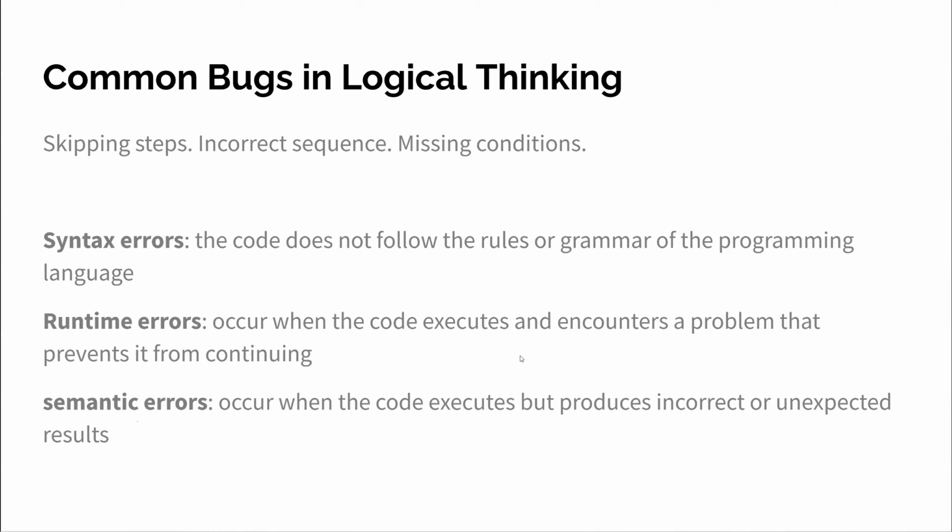As you have seen in the algorithms, we follow certain steps, a certain sequence, and sometimes we write an incorrect sequence, at least at the beginning of designing our algorithm. And sometimes we miss conditions because we write the wrong condition.